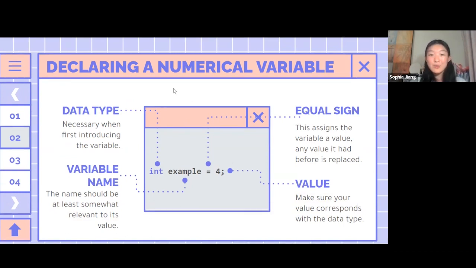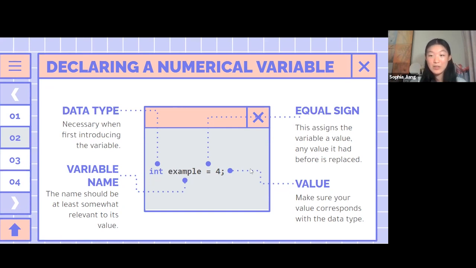What they're used for is declaring a variable. It could be numerical in the case of an integer, or a string of characters as in a String. First, you write down your data type, then you write down a variable name. This can be anything, but it should have some relevance to what it's supposed to stand for, like intExample, because I'm using this as an example.